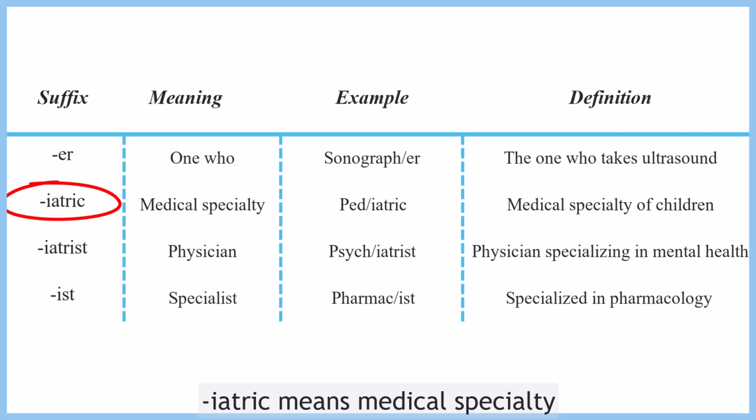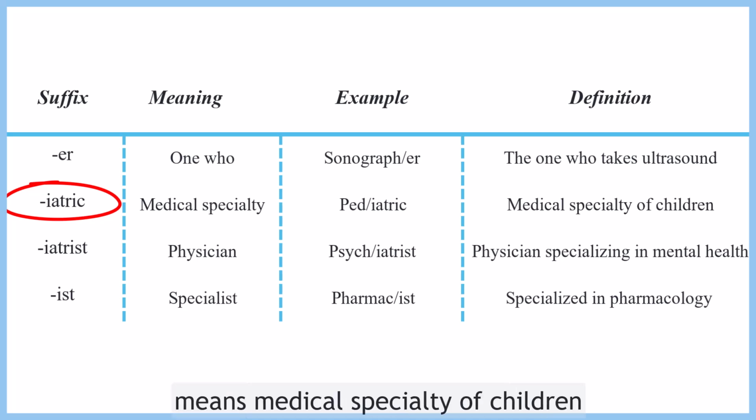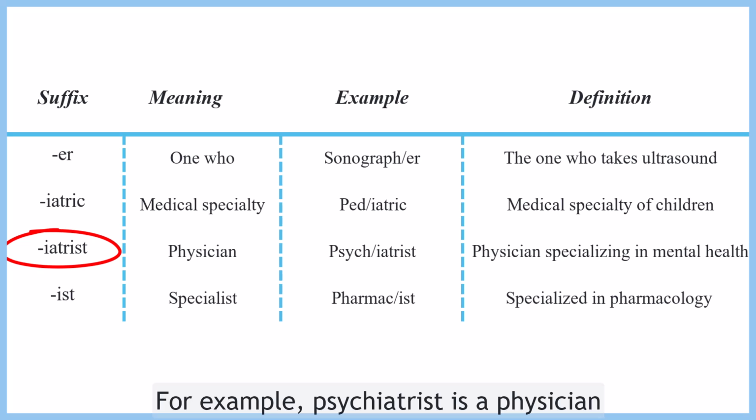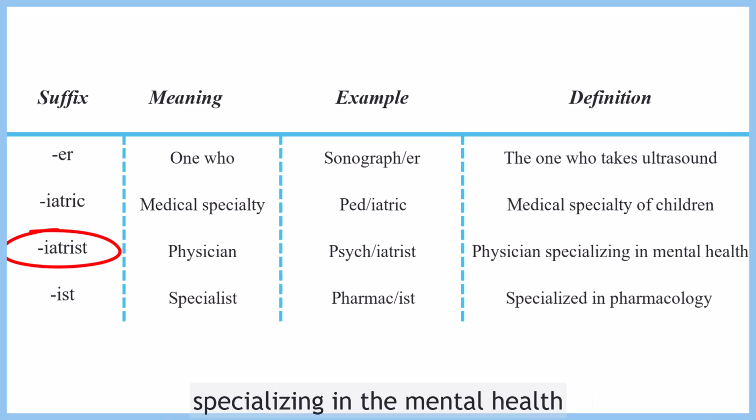Iatric means medical specialty. For example, pediatric means medical specialty of children. The suffix iatrist means physician. For example, psychiatrist is a physician specializing in the mental health.